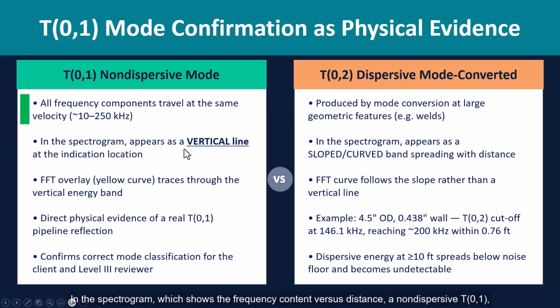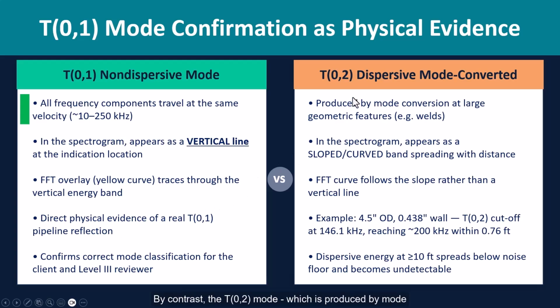In the spectrogram, which shows frequency content versus distance, a nondispersive T01 reflection appears as a vertical line at the indication location. When the FFT overlay traces through that vertical band, it is direct physical evidence that you have detected a real T01 reflection.